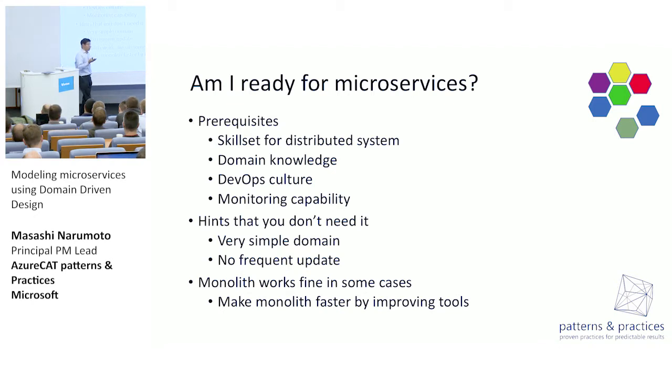So lots of folks are actually recommending to start as a monolith-ish, like a less distributed system, to understand that domain because it's a much safer option, right? You already know how to design and develop. Then break it down into microservices in a later phase instead of jumping into microservices.